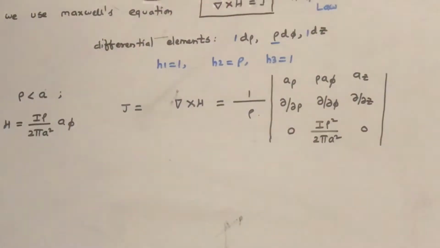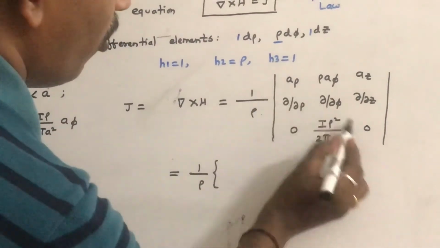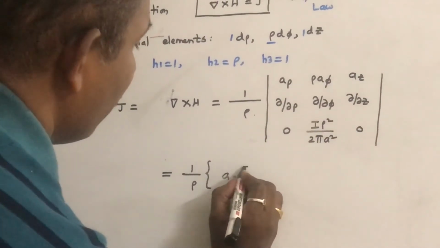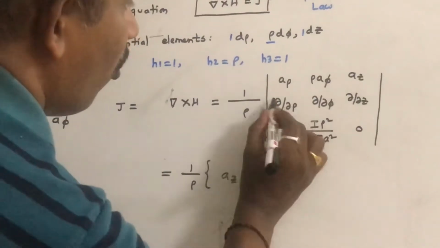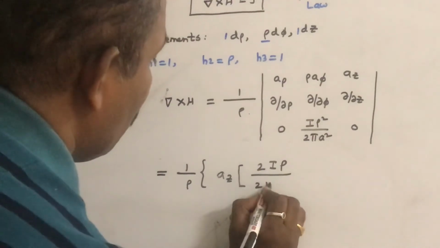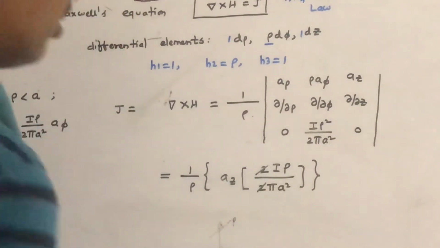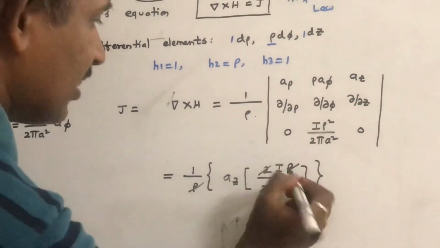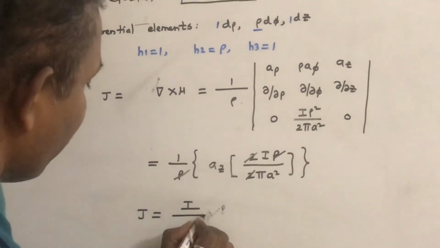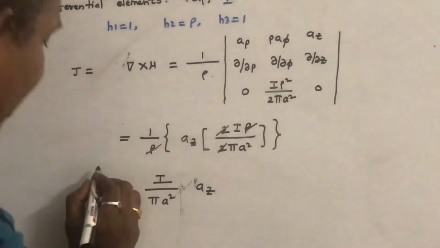So we write 1 by rho into a_rho into 0 minus rho a_phi into 0. Simply the a_z component will come here: a_z into dou by dou rho of I rho square by 2 pi a square, which is 2 I rho by 2 pi a square. Here 2 cancels out, rho cancels out. The answer comes out as J equal to I by pi a square in the a_z direction. The current density direction is a_z.